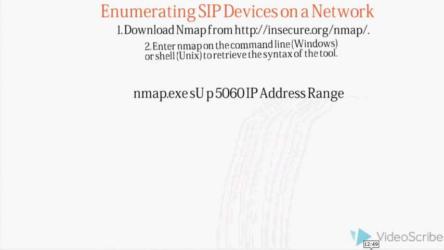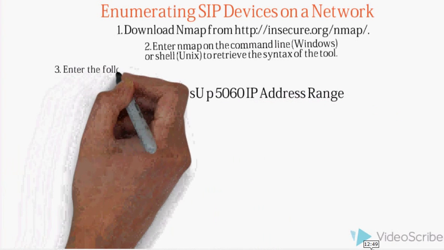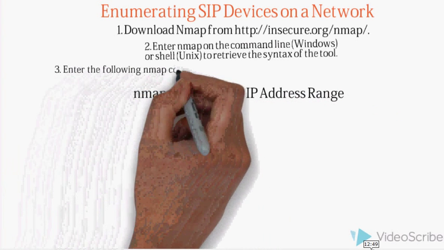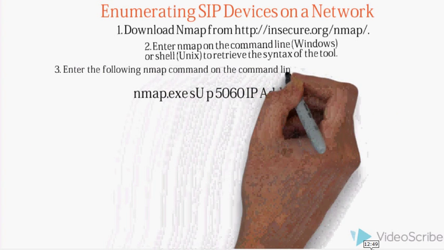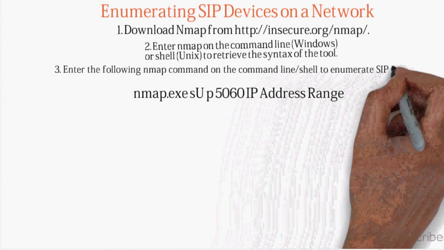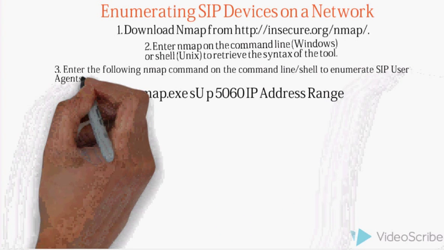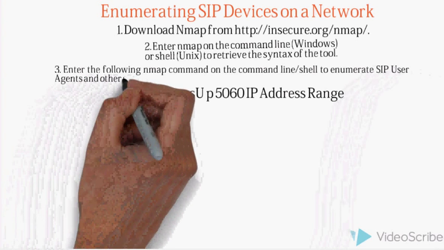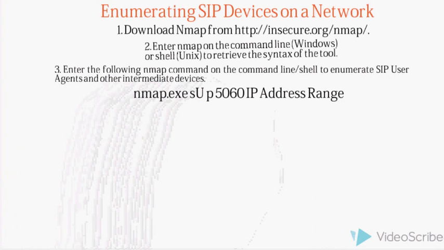Before entering that command line, normally you enter the following nmap command on the command line or the shell to enumerate SIP user agents and other intermediate devices. So on the shell you write nmap.exe, dash sU, space, dash p 5060, the port, and the IP address range. I'll give you an example about that.